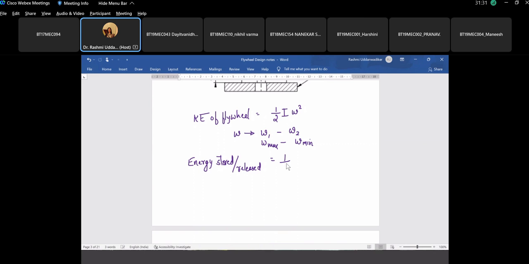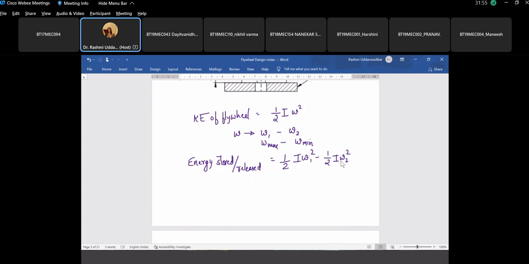And this energy stored or released would be half I omega 1 square minus half I omega 2 square. So the released or the stored energy is the difference between the kinetic energy initially and the kinetic energy finally.